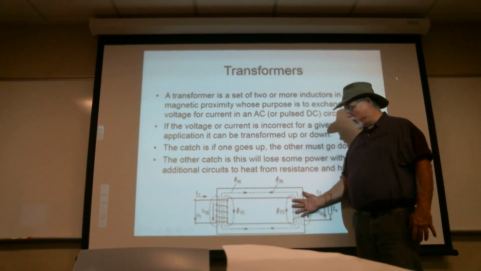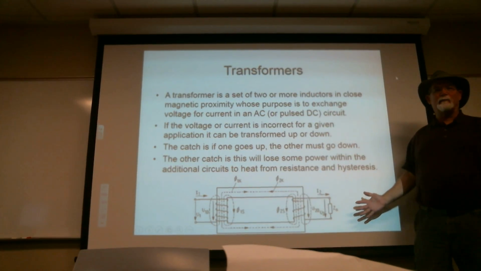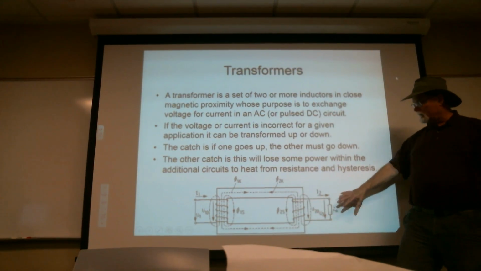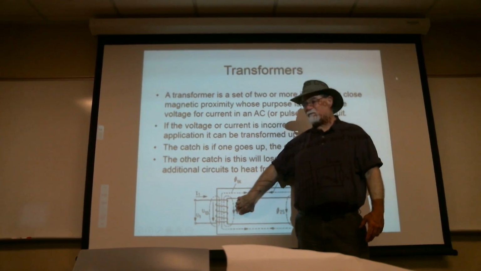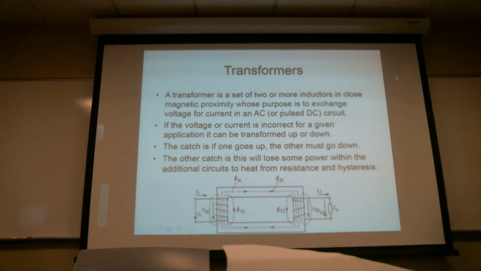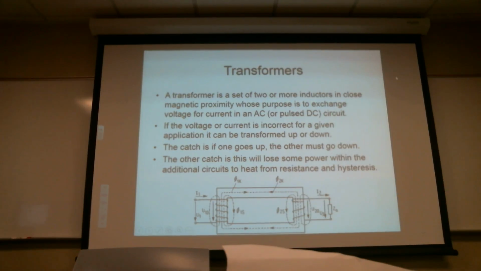Now, there's a point where I make this so long, it makes it very inefficient. So I'm going to want these two coils, to some degree, to be fairly close to each other, just because why make it bigger than it needs to be? Why make it heavier?